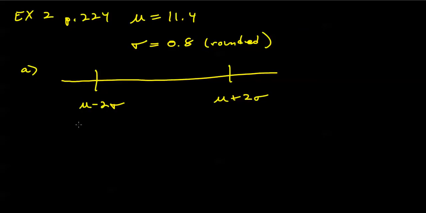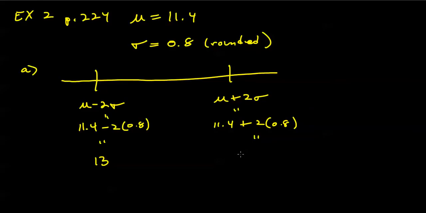So mu minus 2 sigma, well, mu is 11.4. Sigma, the book says, is 0.8. Oh, I got them mixed up here, hang on a minute. Mu plus 2 sigma is 13 people, sorry.